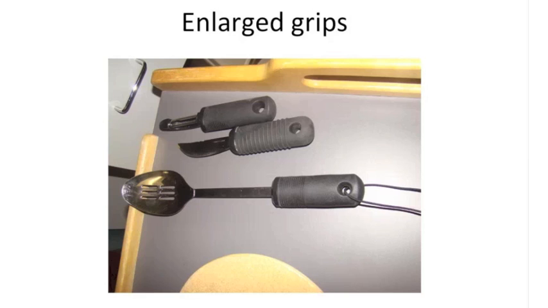For jar openers, any medical supply store will have jar openers and electric jar openers, or you could just use what sailors use and get that kind of gripping surface to help with opening jars. If you have an arthritis center in your area, they will have a demonstration of some of these things.